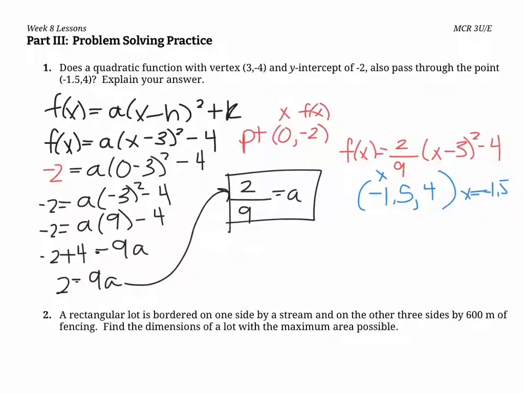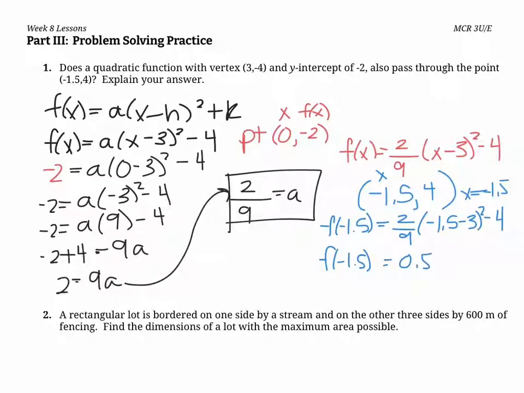So let's plug in f(-1.5): 2 over 9, (-1.5 - 3) squared, minus 4. If we plug that into our calculator, we get that f(-1.5) is equal to 0.5. That means the point (-1.5, 0.5) is on the parabola, so it's not possible to have this other point on the parabola as well.